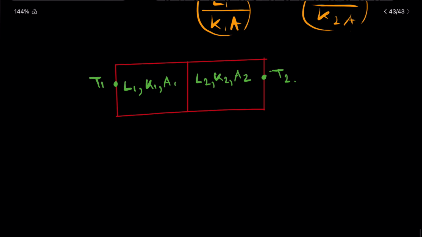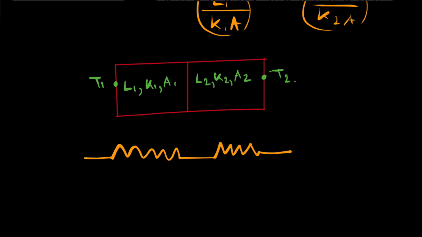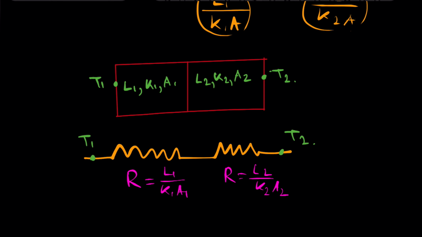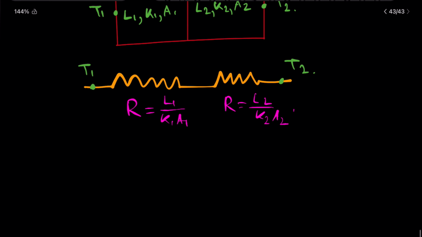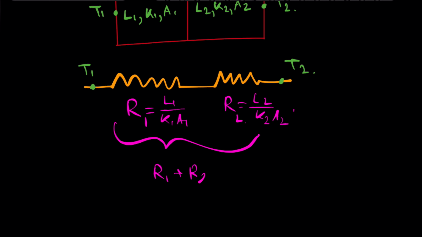This is analogous to, if I draw an electrical network like this, here the voltage is T1, this voltage is T2, and here I have the resistances L1 by K A1, L2 by K A2. Then you can put this resistance as R1 plus R2.